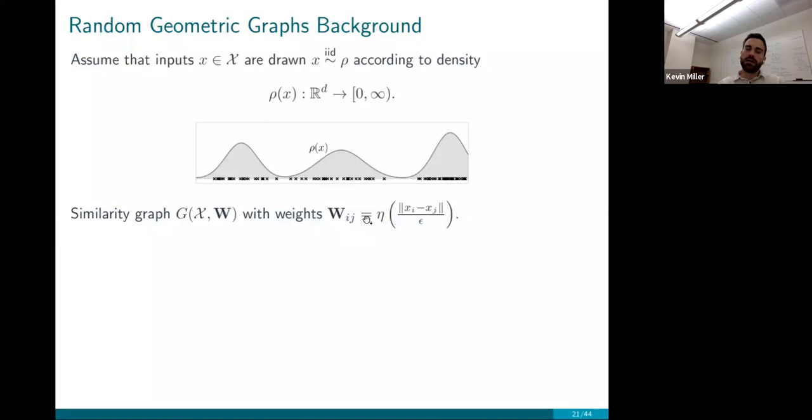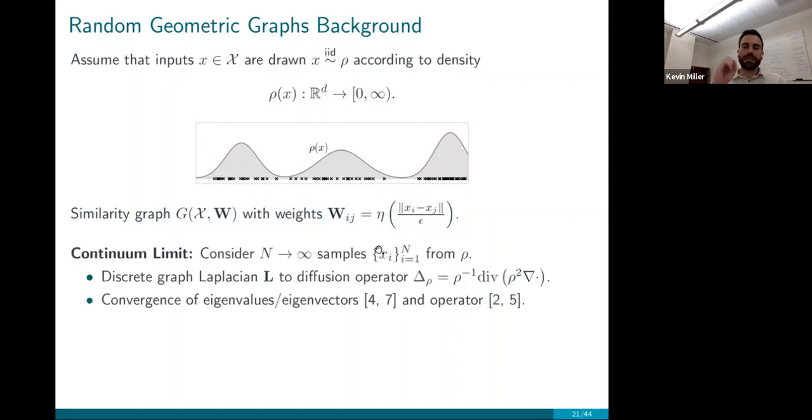Then as we scale the edge weights properly, you're able to consider taking an infinite number of samples from the density rho. Now, there's a lot of details that go into showing this discrete to continuum limit convergence, a lot of really interesting details and careful work that needs to be done.